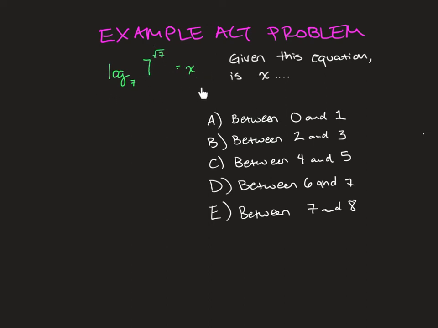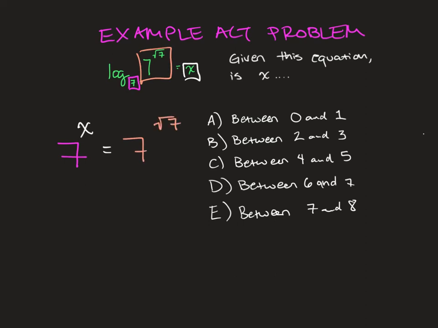And the first thing that I would do is rewrite this as an exponential equation, where my base is 7, and my exponent is x, and that would be equal to the argument that I have, which in this case happens to be 7 to the square root of 7.